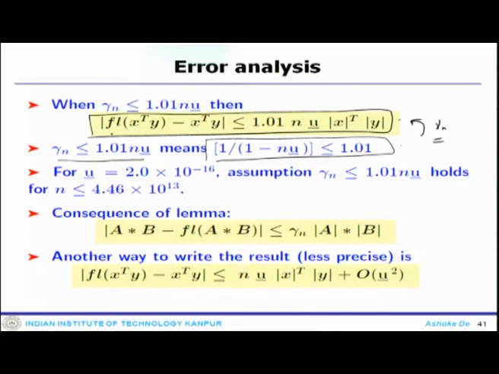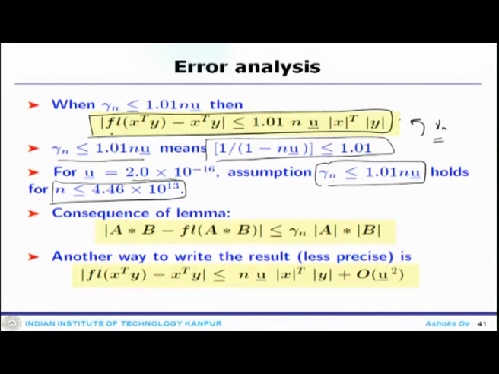Now, for the smallest number being 2 into 10 to the power minus 16, the assumption gamma n less than or equal to 1.01 holds for n less than or equal to 4.46. So, one can always do some sort of a back calculation of all this.